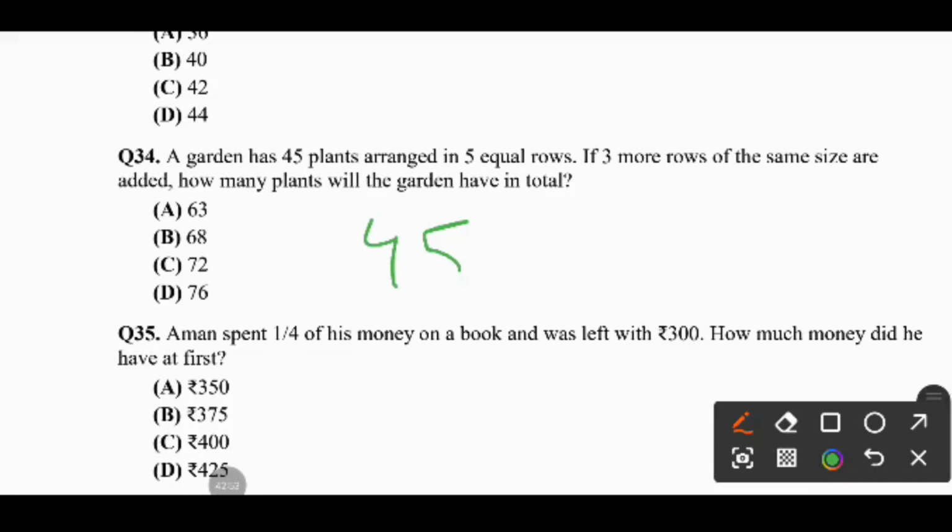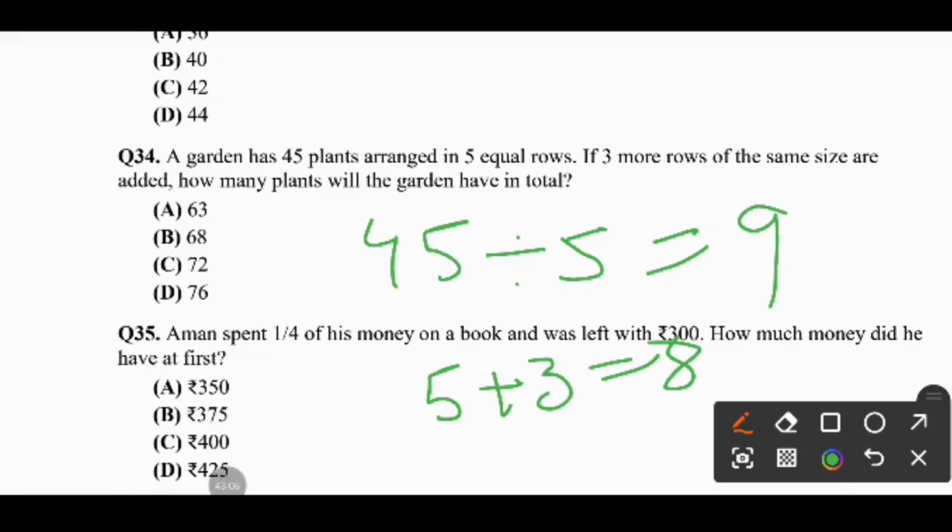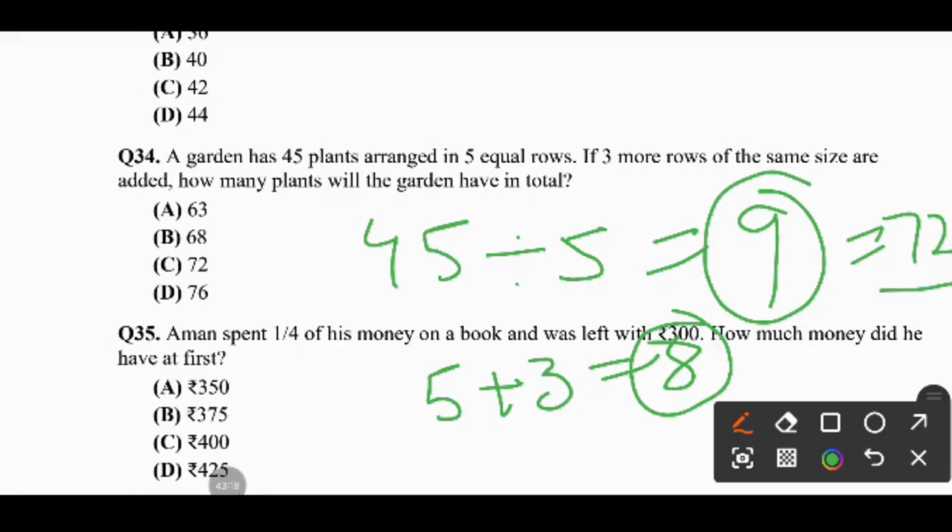You will do division. 45 divided by 5, because you have to find for 1 row. So that will be 9. New total rows, how many are added? 3. So 5 was already there and 3 are added, so it is 8. Now in 1 row we have 9 plants. In 8 rows, it will occupy 72 plants. We will multiply 9 with 8. We'll get 72.